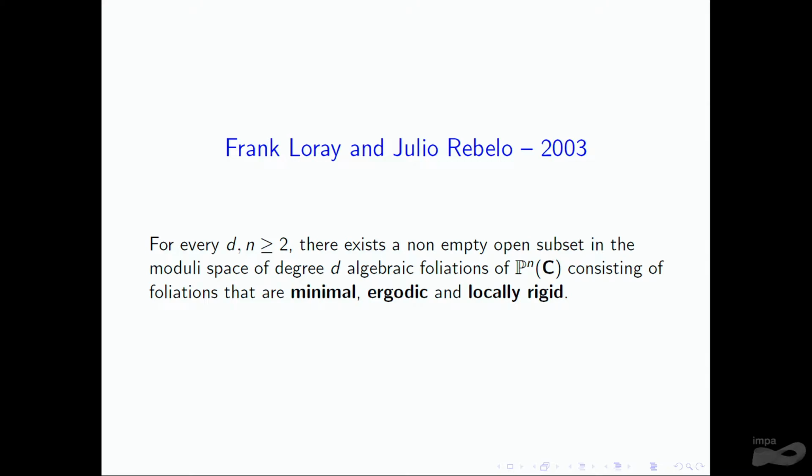So what they did is that they considered foliations on the complex projective spaces, which are obtained from the affine space C^n by adding, inductively, a complex projective space of dimension n-1.